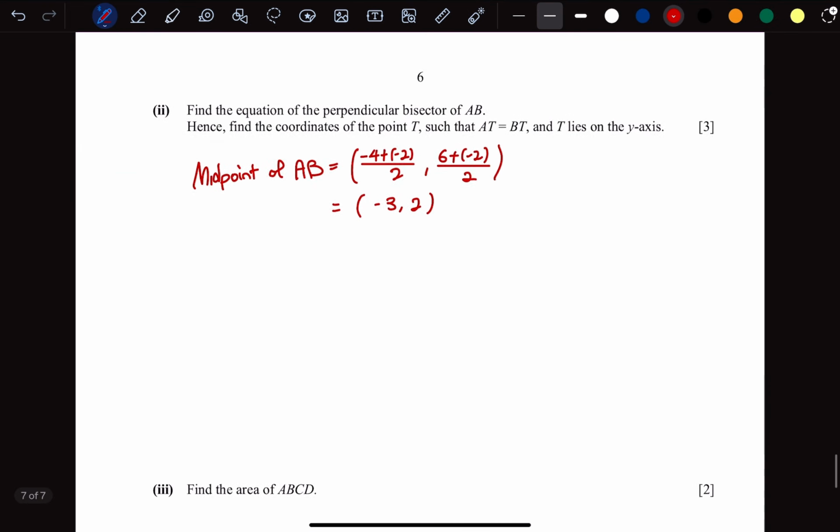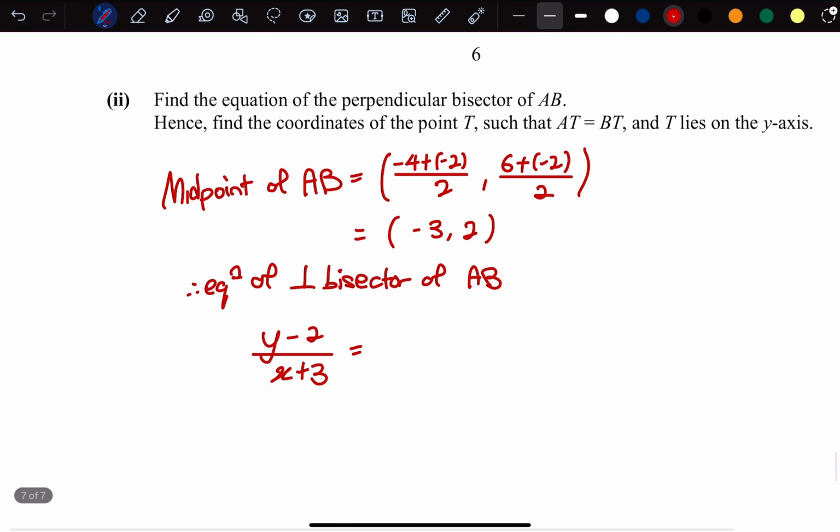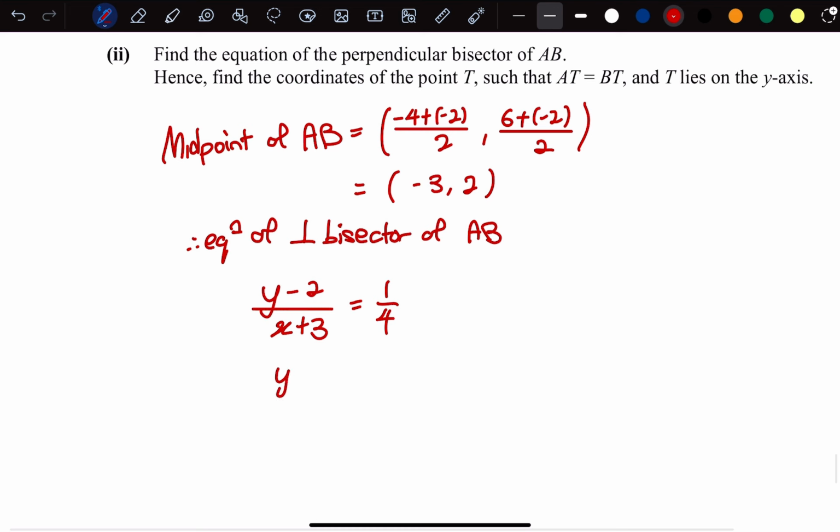So the equation of the perpendicular bisector of AB is y minus 2 over x plus 3, because this is a negative 3, equals the gradient of the bisector, which is 1 over 4. So y minus 2 equals 1 over 4x plus 3 over 4. y equals 1 over 4x plus 3 over 4 plus 2, which will give me plus 11 over 4.